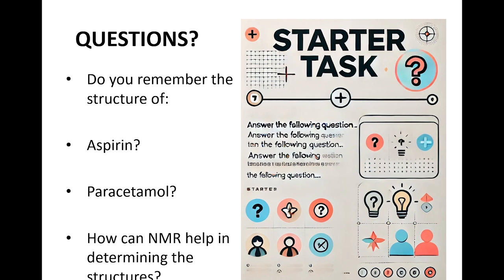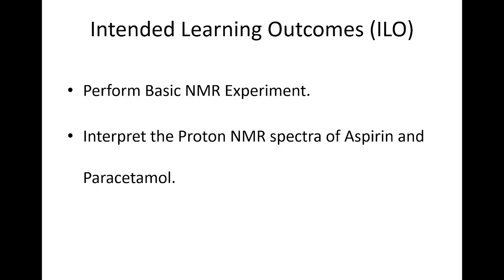This is what we're going to answer today. Intended learning outcomes: we're going to perform a basic NMR experiment, very easy, very straightforward, and then interpret the proton NMR spectra for aspirin and paracetamol.